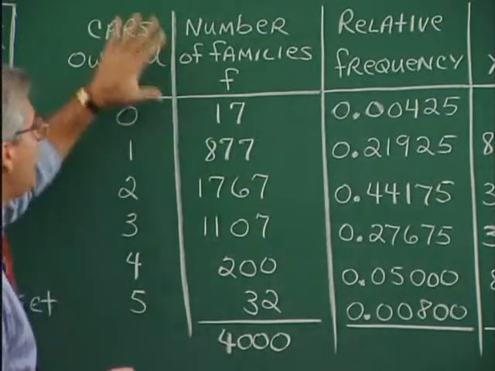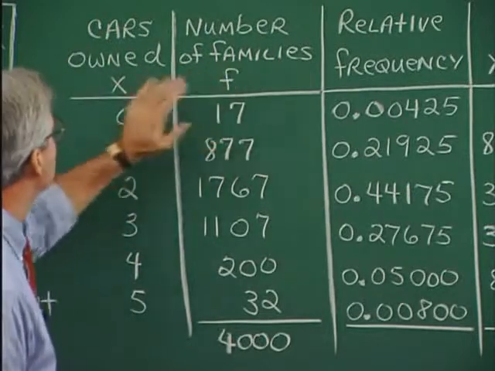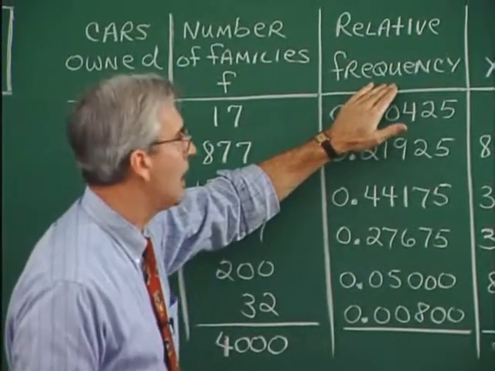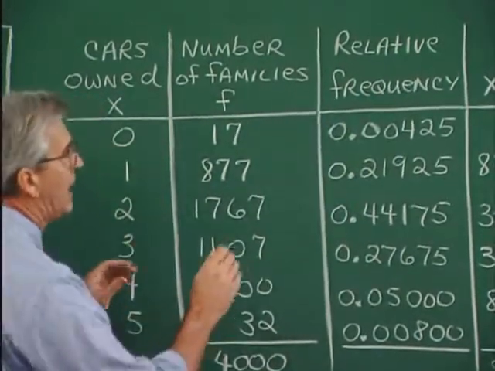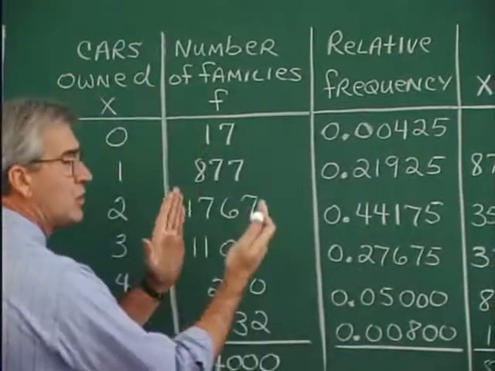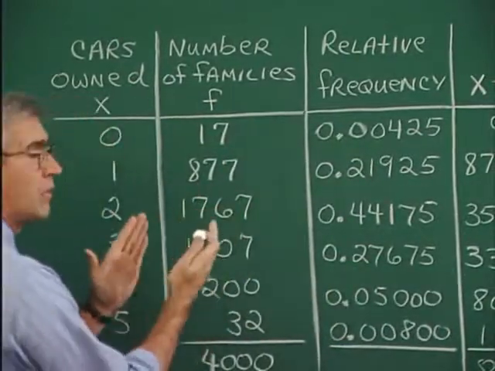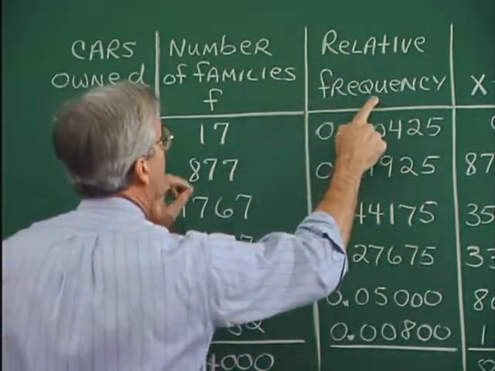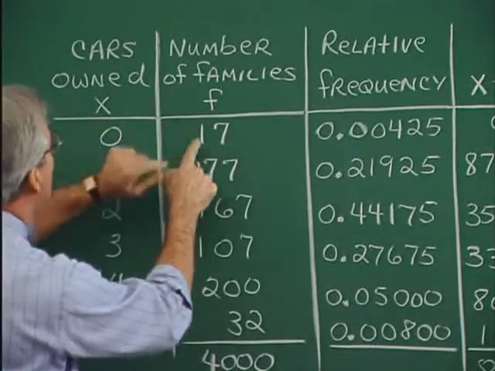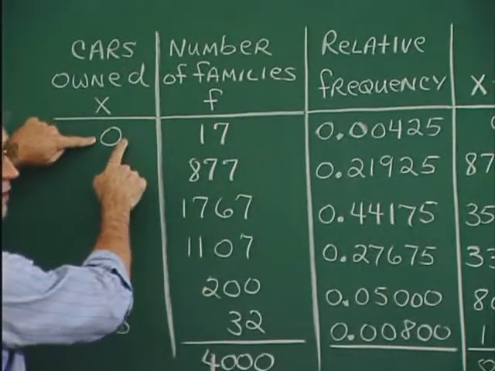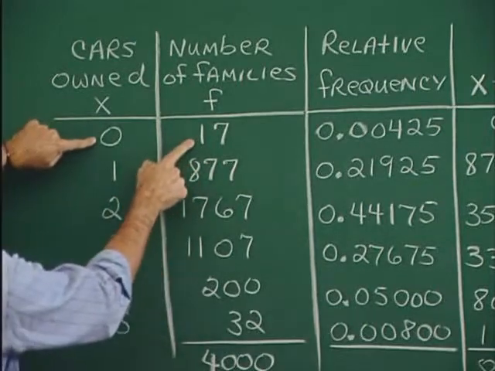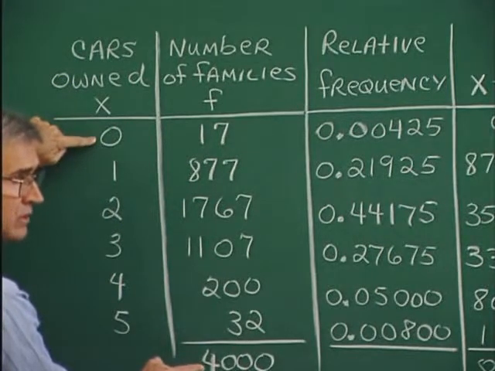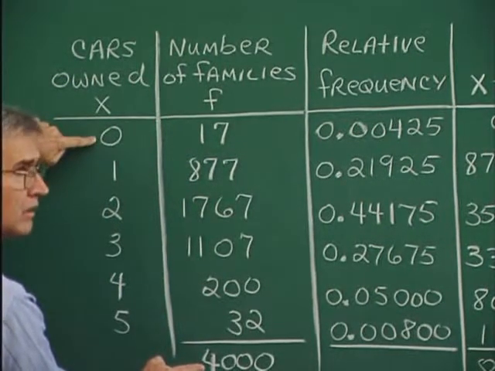Okay, when we had this discussion about frequency involved with this, we made a relative frequency column, and we talked about relative frequency and associated it a little bit with probability, and we want to really nail that right here in this segment. Relative frequency, the frequency with which 0 cars will occur is, let's see, relative frequency is the frequency divided by the total of the frequencies, the total n of items that are possible in the sample.